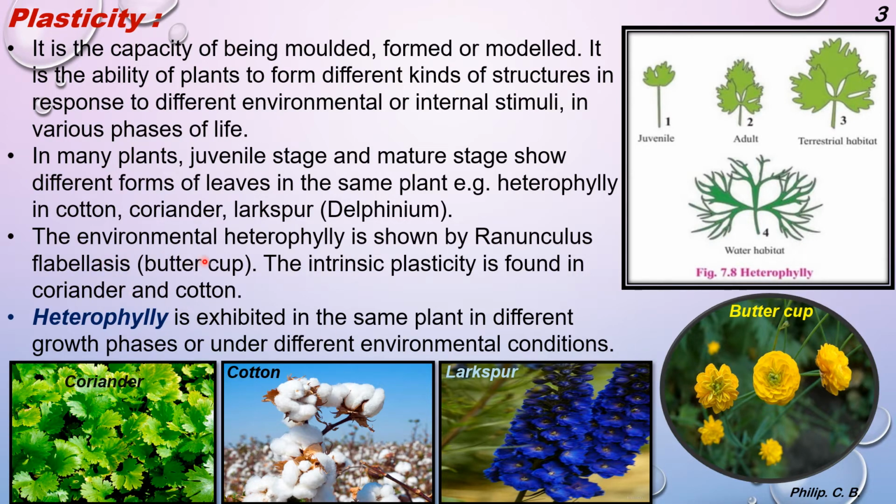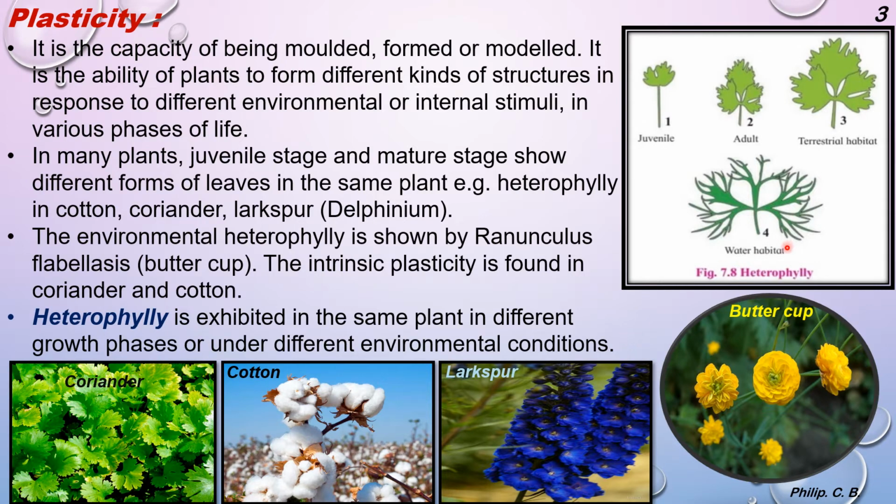Further, environmental heterophylly is shown by Ranunculus flabellaris, buttercup. That is, this Ranunculus flabellaris, otherwise commonly called buttercup, also shows heterophylly. The intrinsic plasticity is found in coriander and cotton. Heterophylly is exhibited in the same plant in different growth phases or under different environmental conditions.